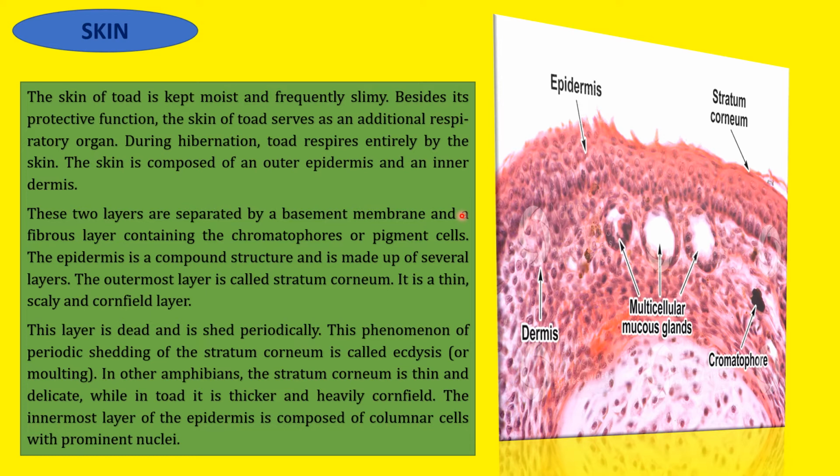But it is thicker than the stratum corneum of other amphibians. Hope so you have understood. The innermost layer of the epidermis is composed of columnar cells with prominent nuclei. The innermost layer I am going to discuss in my next slide.